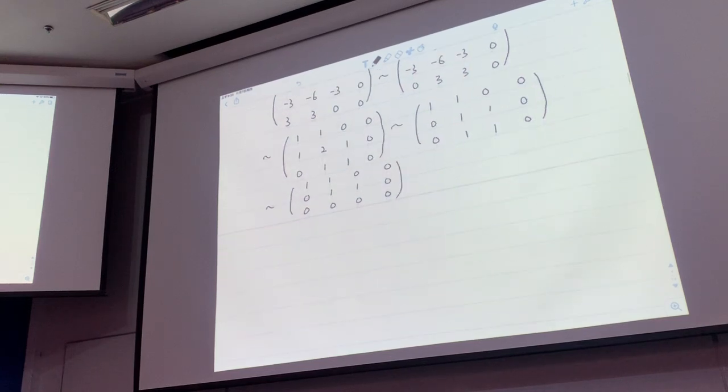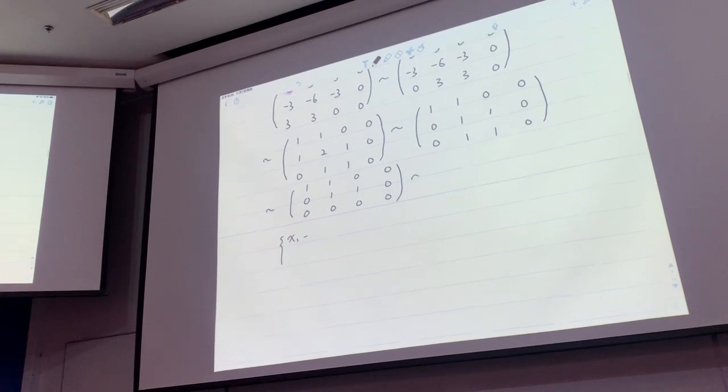So from this one you can get the equation x1 minus. Okay, sorry. We go further. This is not the reduced echelon form, so we need to make this element 0 further. So we got 1, 0, negative 1, 0, 1, 1, 0, 0, 0.